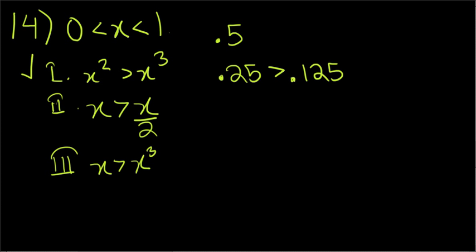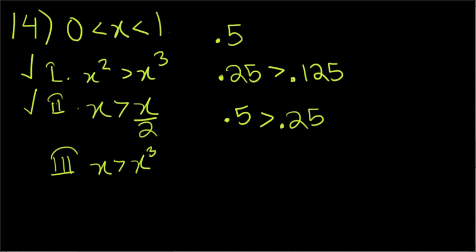How about 2? Is 0.5 greater than 0.5 over 2? 0.5 over 2 is equal to 0.25, as 0.25 times 2 is 0.5. So that works as well.